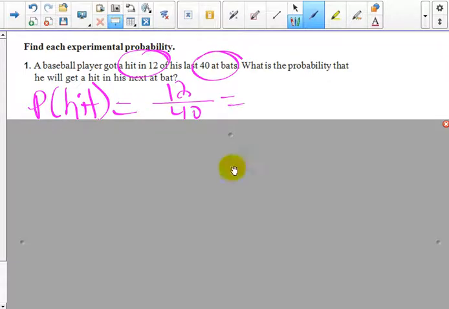So that simplifies to 6/20 or 3/10. And what is 3/10? So about 30%, right? 3 out of 10 is 30%, or 0.3. Any questions on that?